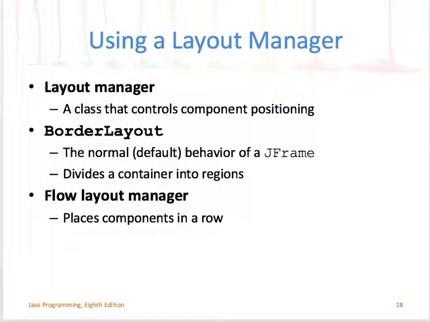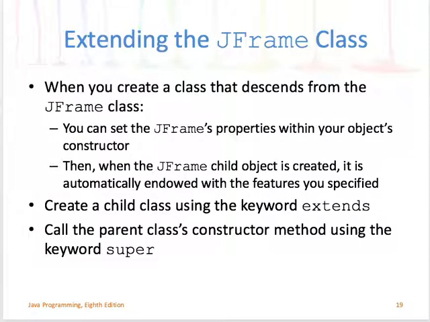More on layout manager, a class that controls component positioning. Border layout, the normal default behavior of a JFrame, divides a container into regions. Flow layout manager. When you create a class that descends from the JFrame class, you can set the JFrame's properties with your object constructor.